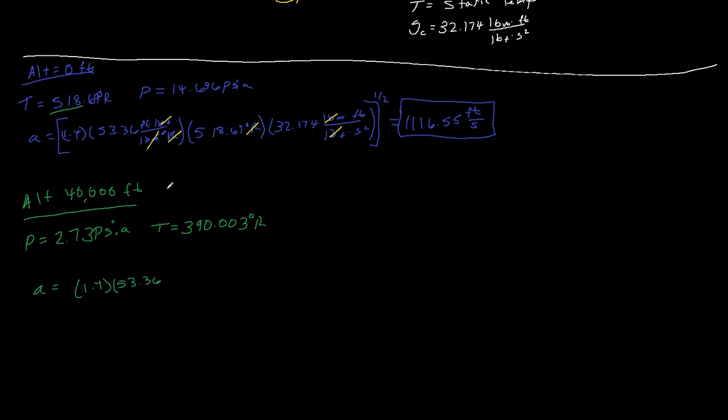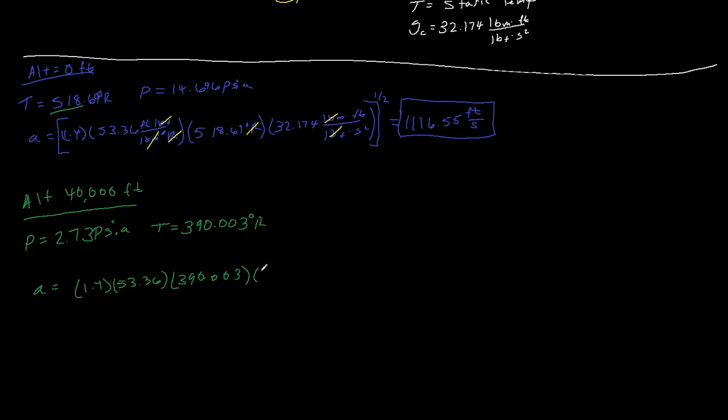53.36. Now, I'm not going to write the units in here because it gets messy, and I already showed you how they work out, so I'm just going to write the numbers in here. But I do encourage you to always write your units, especially if you haven't made a particular calculation before, because it could help you figure out what's wrong if you don't get the right answer.